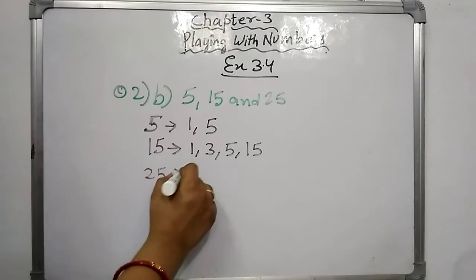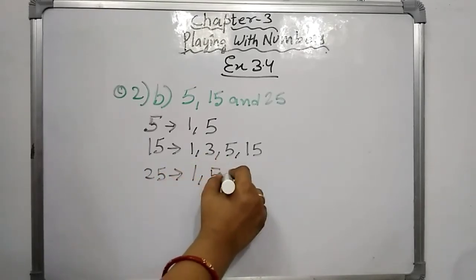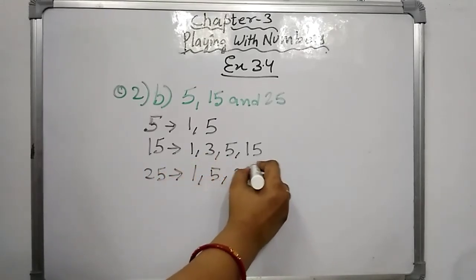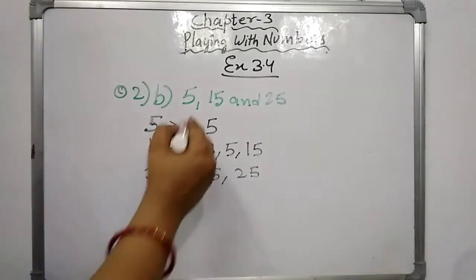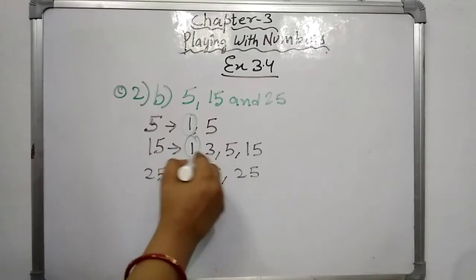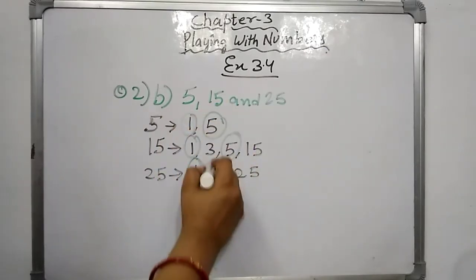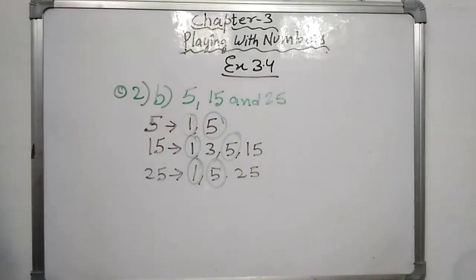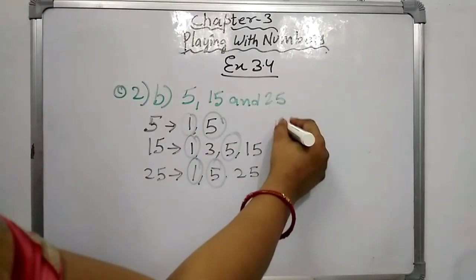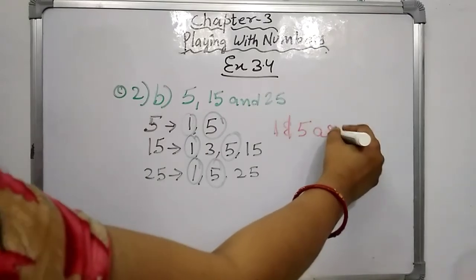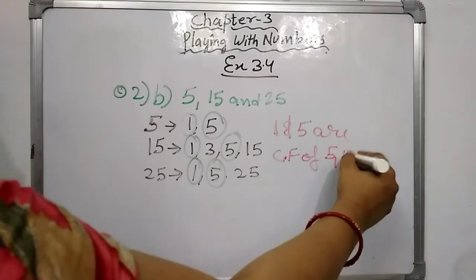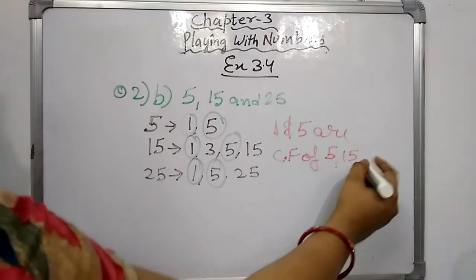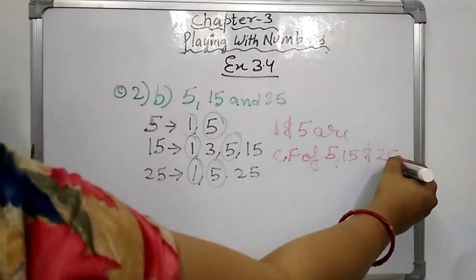Now factors of 25, 1, 5 and 25. So common factors are 1 and 5. So we can write 1 and 5 are common factors of 5, 15 and 25.